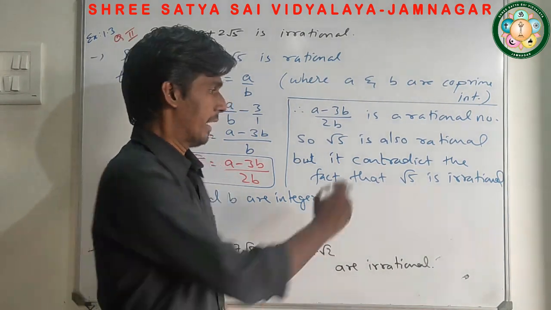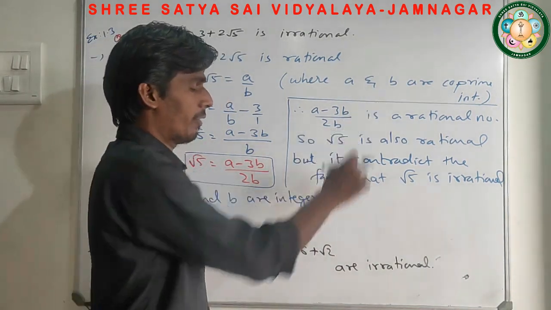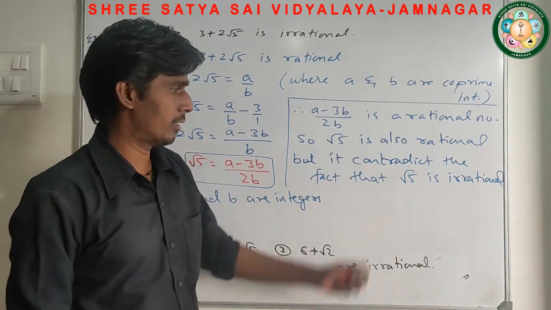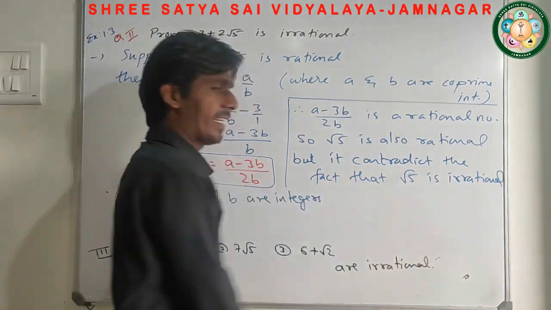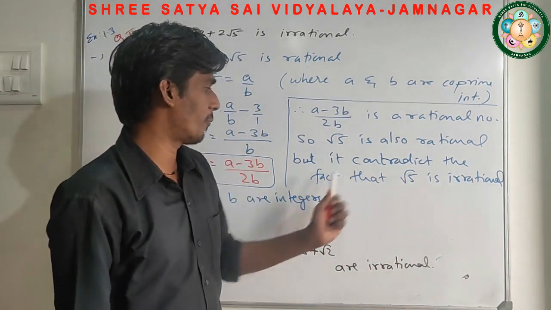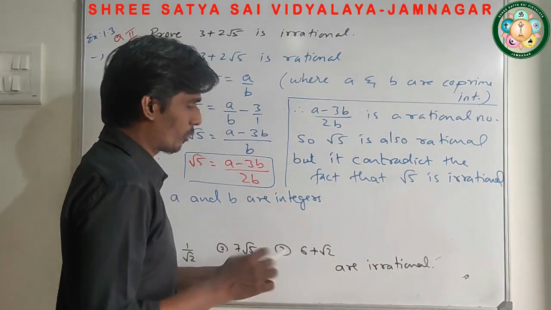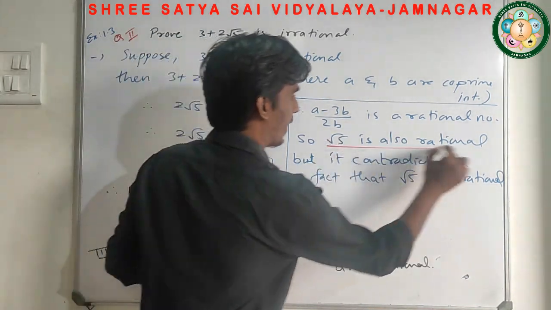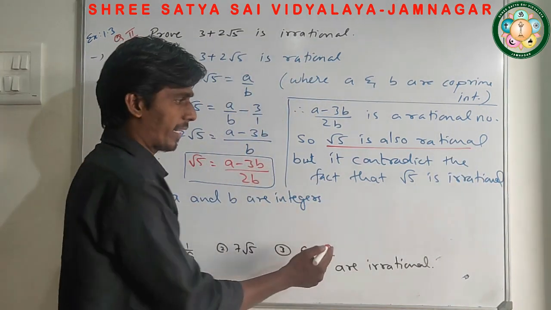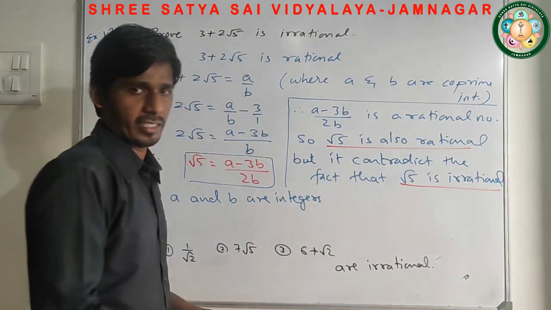Root 5 is irrational. Here in this one, we are not going to suppose, we are not going to prove whole root 5 is irrational. So we are going to write directly here. It contradicts the fact that root 5 is irrational. Here, हमने prove क्या कर दिया कि root 5 is a rational number, but according to the fact, root 5 क्या है? एक irrational number है.